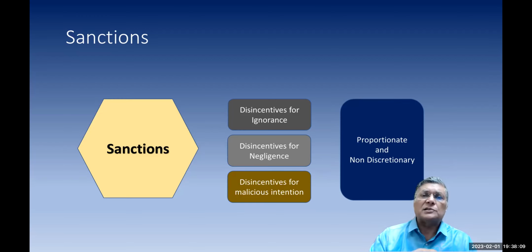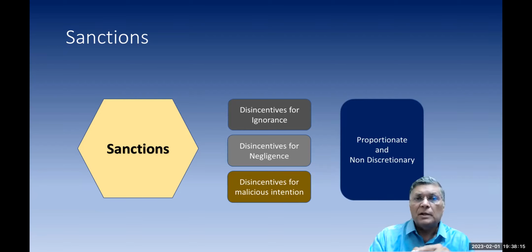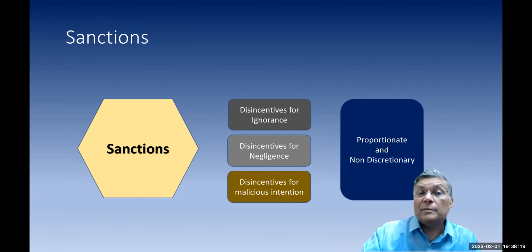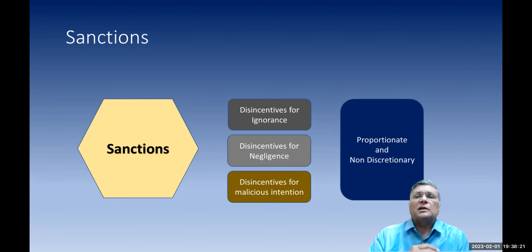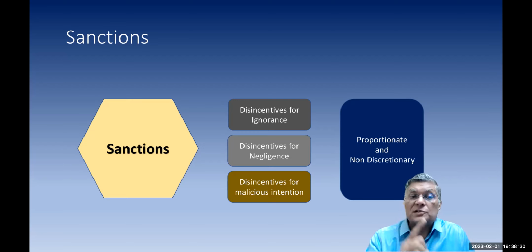What I mean by non-discretionary is the immediate boss should not have the ability to say, oh, he's a good worker, so we will not punish him, while at the same time he remains silent when a similar mistake is done by another person. This kind of discretion has to be removed, and that is why sanctions should be part of the HR policy.